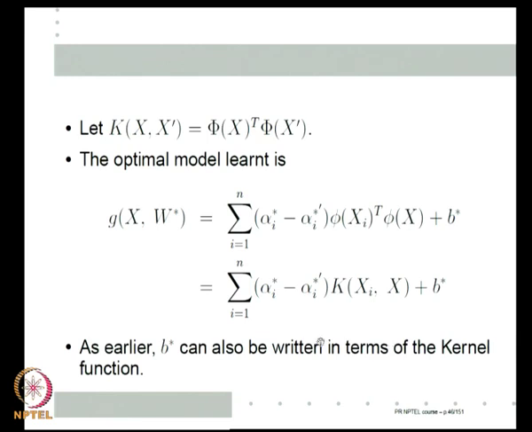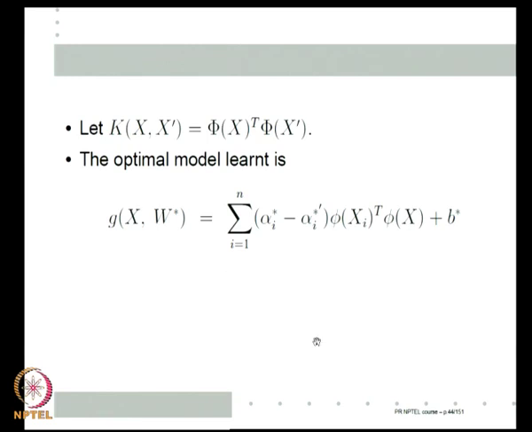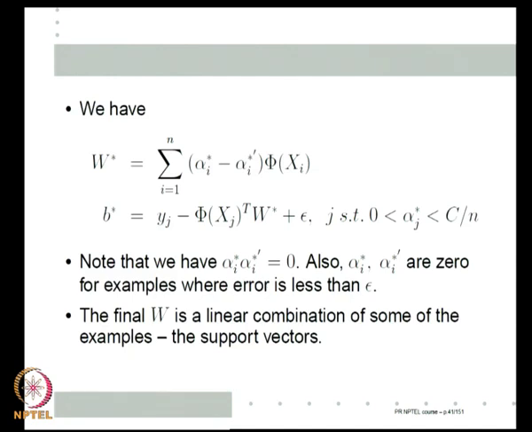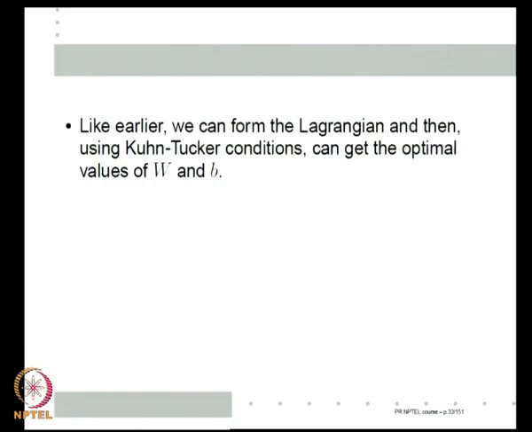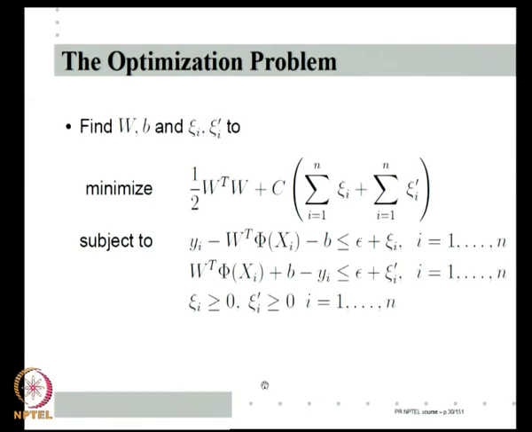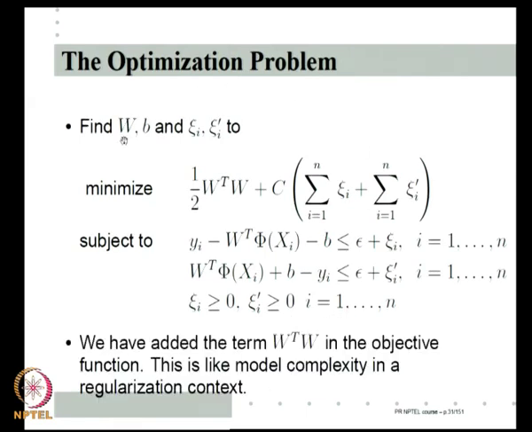So, the way we formulated the regression problem, let us go back to our formulation. This is how we formulate the regression problem. We put in this extra regularization constant, and otherwise it is like the SVM formulation.